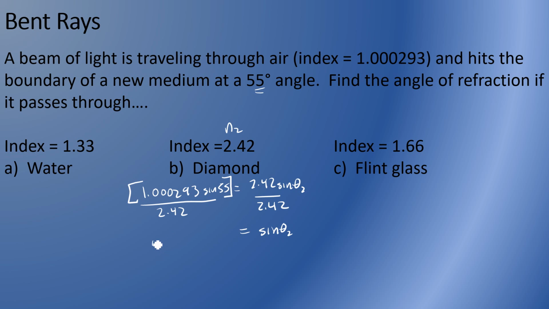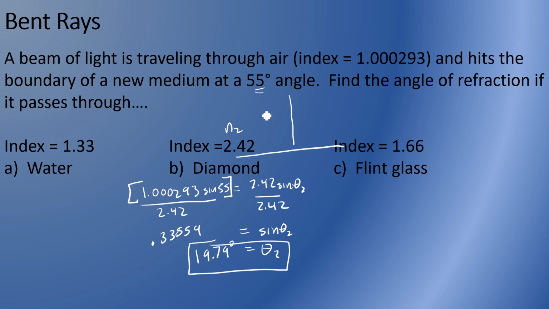After it's all said and done, we get 0.335859. And then when we inverse sine that, we get 19.79. So notice, well, I erased it, but it's a lower angle, and that's because it's bent more towards the normal. If I exaggerate my diagram, say that's my normal, and say this is my surface. My normal comes under the water here, or whatever, the diamond. My light comes in and is bent towards that normal.